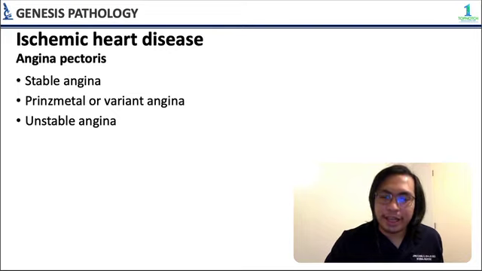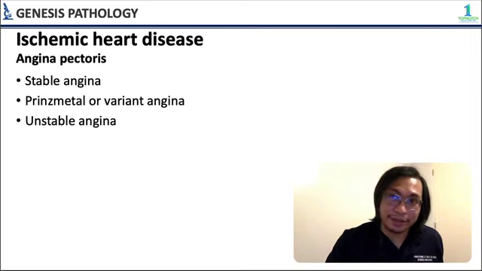Okay? ST elevations. But you have to catch the coronary arteries constricting while you are doing the ECG. So, when we diagnose your Prinzmetal or variant angina, it is really angiography, and you have to catch the coronary arteries constricting.